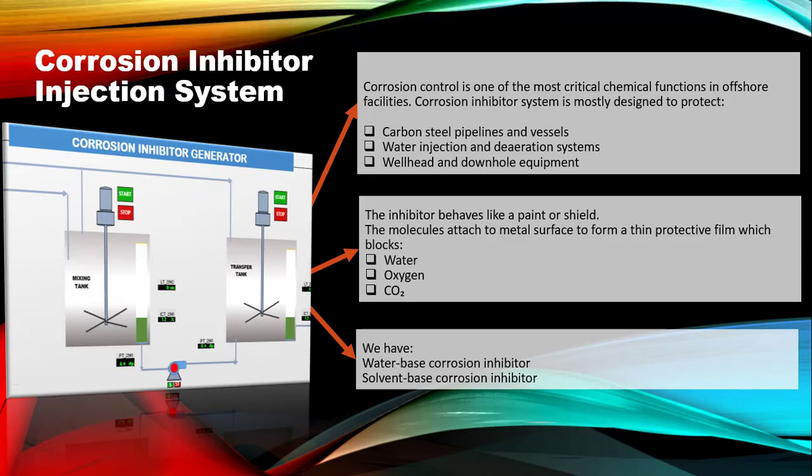So you mix 1.4 liters of water and 20 liters of corrosion inhibitor, and you put it into your corrosion inhibitor system and blend it. Then you use your transfer pump to send it to the various locations. As you can see from the drawing on my left-hand side, you have the water inlet and the corrosion inhibitor inlet. They go into this tank and are mixed. After the mixing, your transfer pump sends it to the transfer tank, and from there another pump transfers it to the various locations.